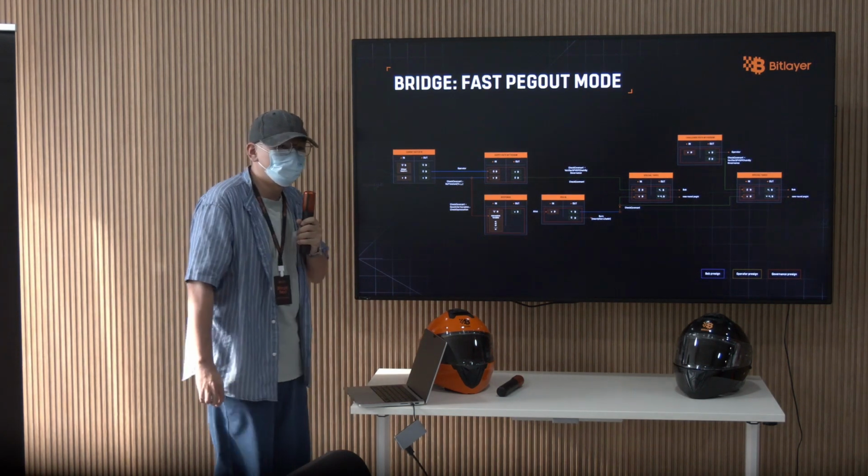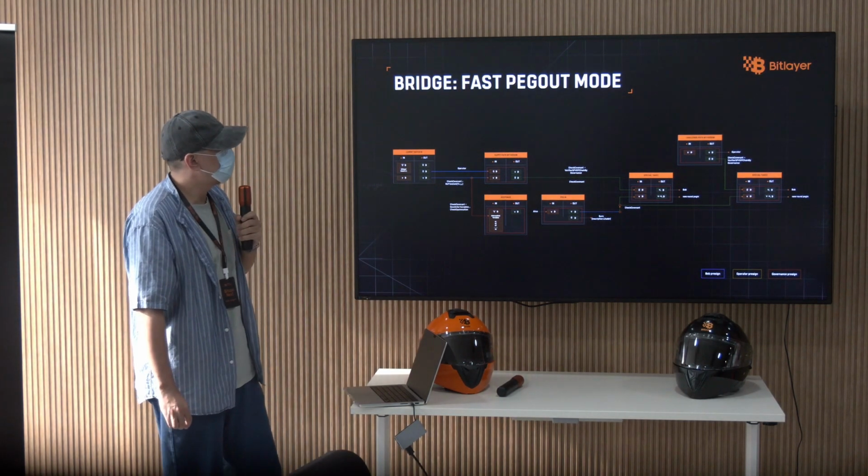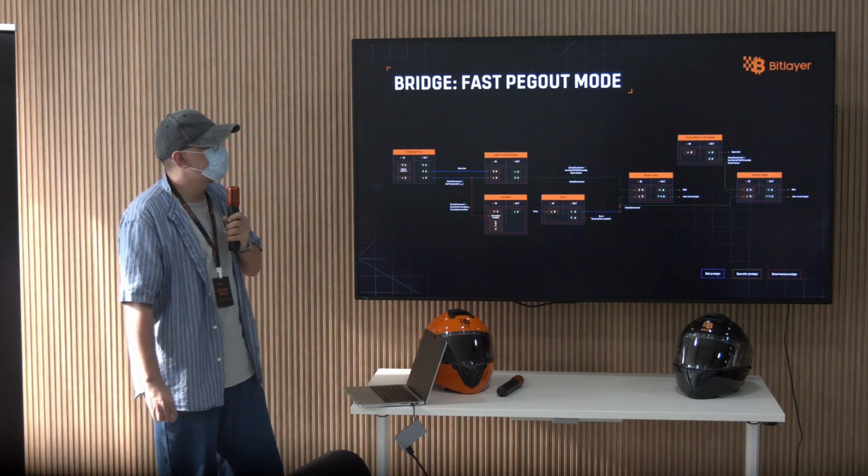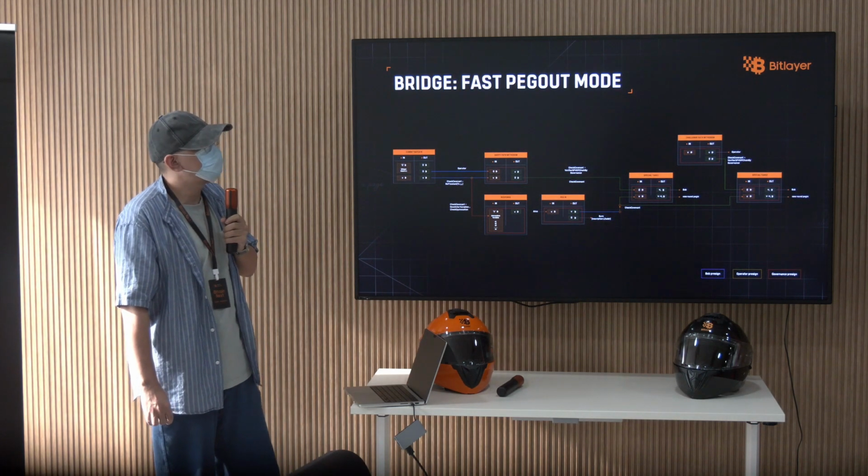Also, we would like to share some information about our bridge. Besides the BVM bridge, we also enabled a fast peg-out mode.